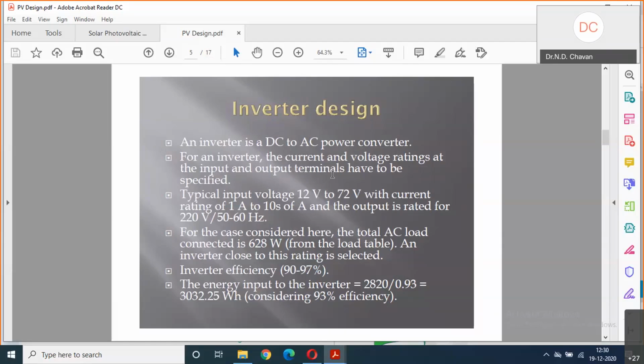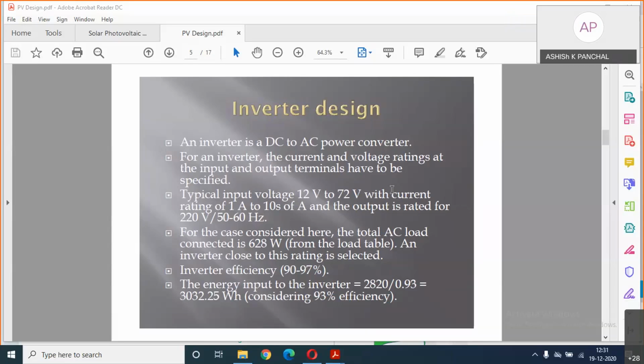Your cord is not connected properly, it is loosely connected. I have removed the cord, is it now audible? Yes, sir, now it is audible. So now am I audible? Yes, very clearly, sir. Please continue.